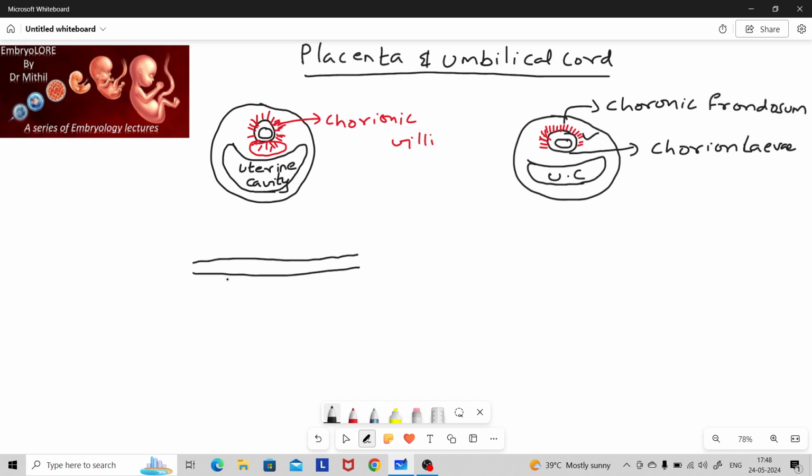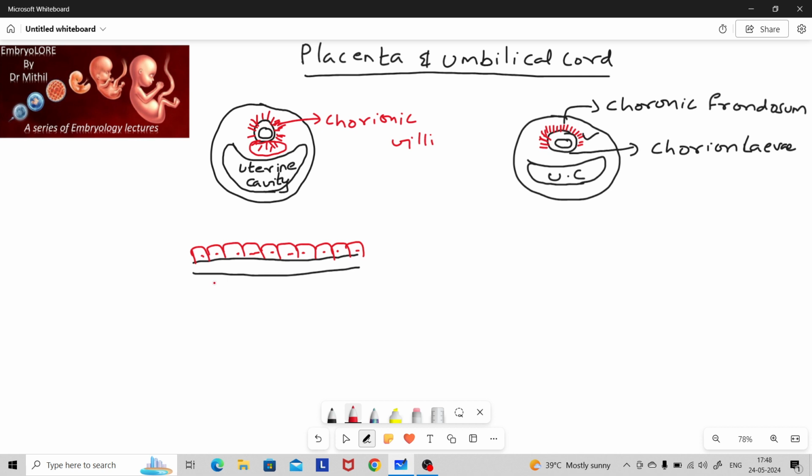And now for differentiation I will change the color. So with their nuclei, we will name this the cytotrophoblast.